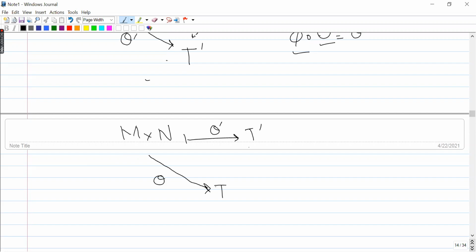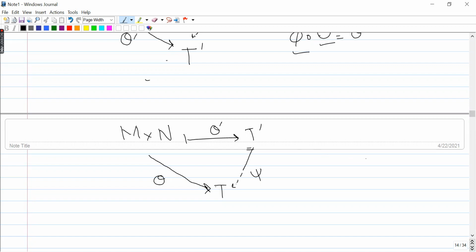So using the universal property of the tensor product for T bar, there exists a linear map psi from T bar to T such that this diagram commutes.